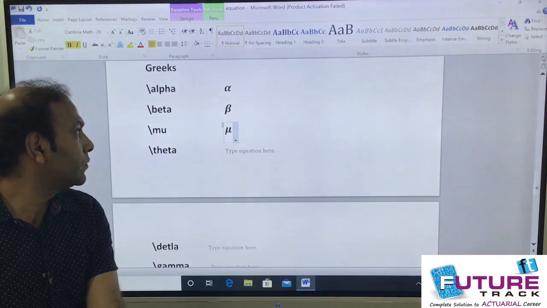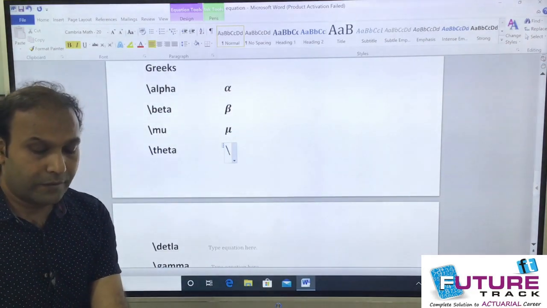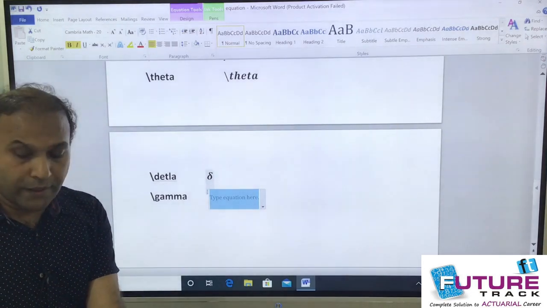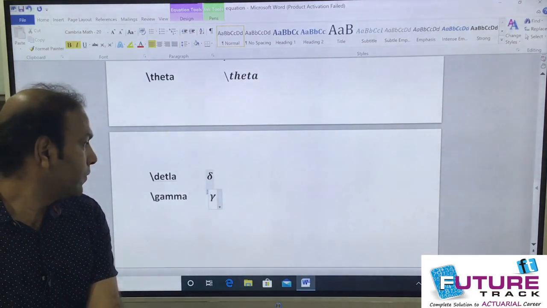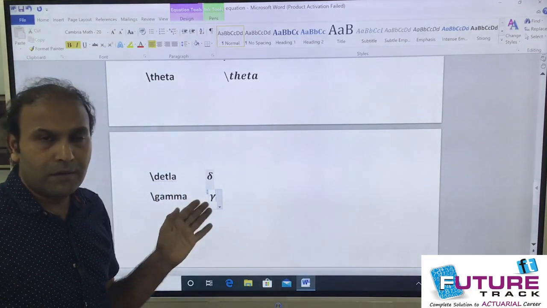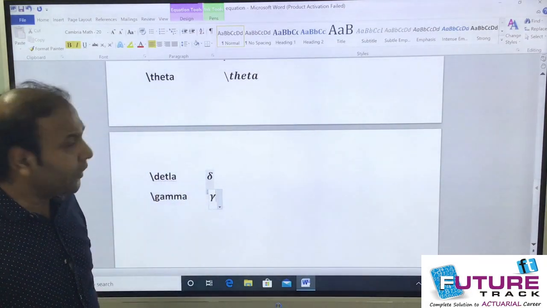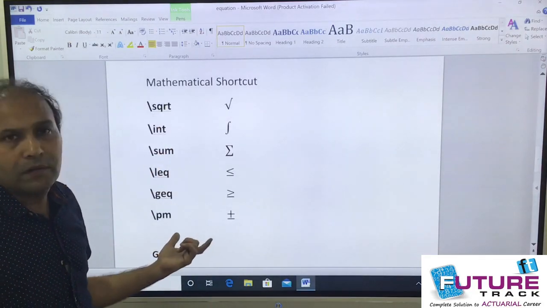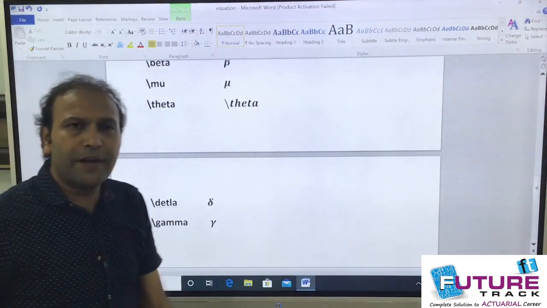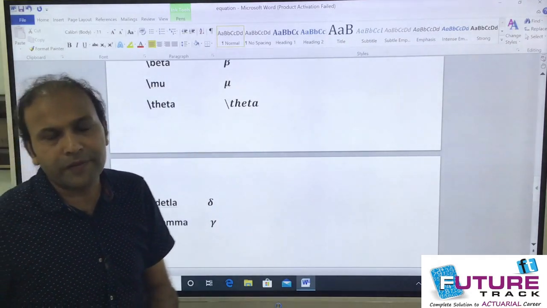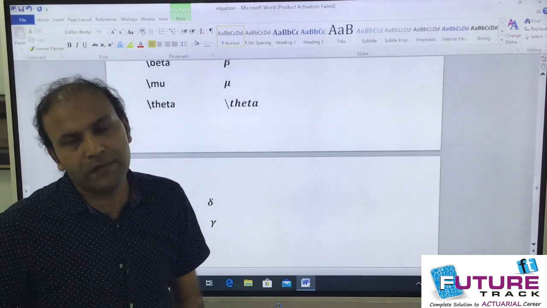Backslash mu, backslash theta, and similarly you get gamma also. After typing backslash delta, you have to press the space bar so that you get this notation. So in this way you get all the notations, class. This is the shortcut part. In the next video, we will tell you how to solve the questions of CS1, CS2, CM1 and CM2.